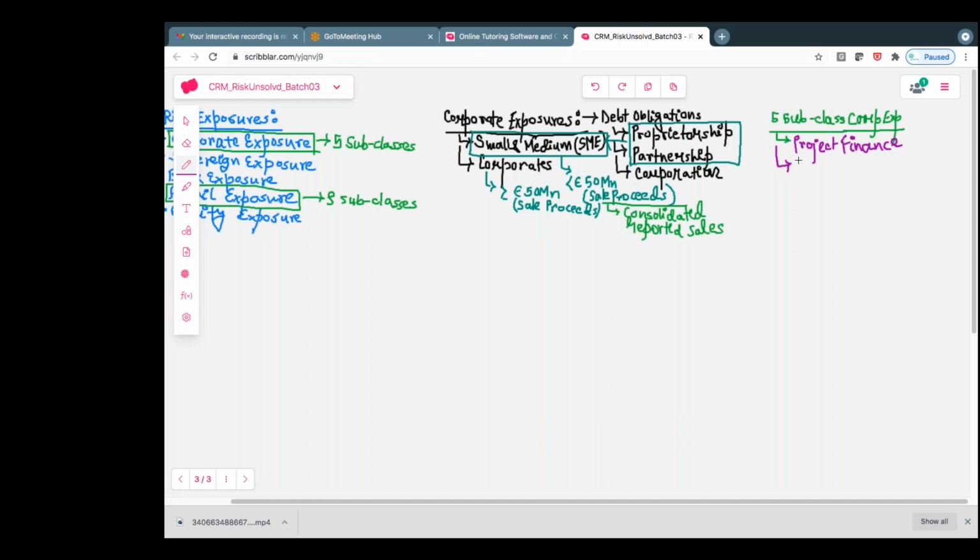The second that I have over here is the concept of object finance.